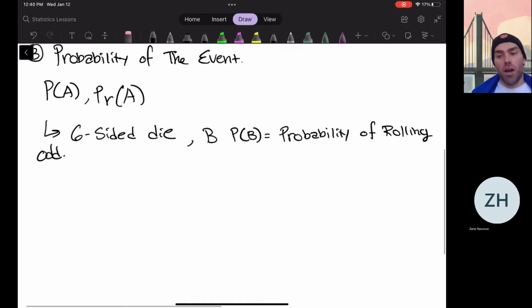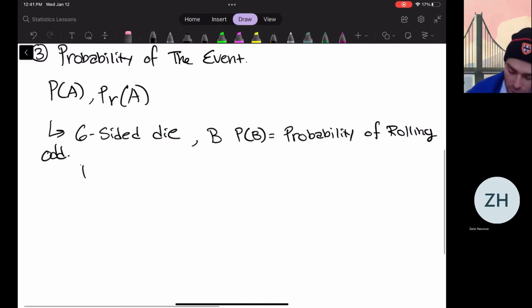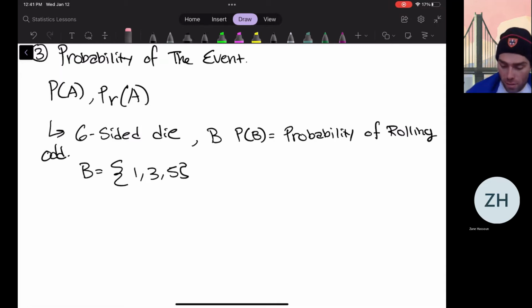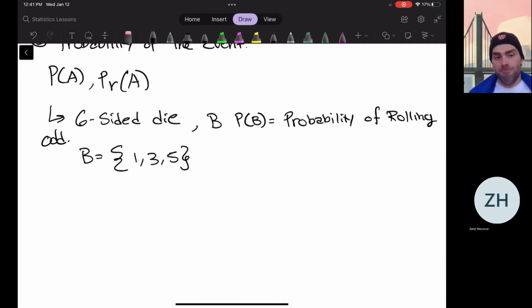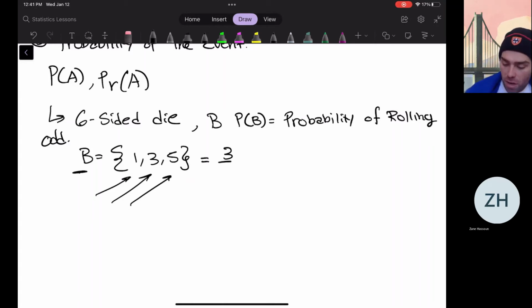Think of what odd would be in this case. If we have 1, 2, 3, 4, 5, 6, then B is equal to 1, 3, or 5. An event B would occur if any 1 or 3 or 5 occurs. So we would simply say that the probability would be 3 over 6, or 1/2.